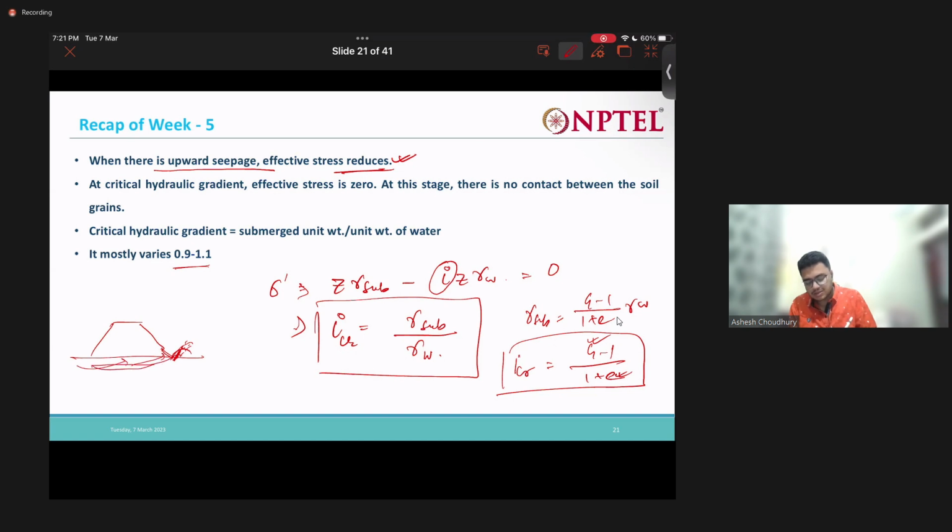It will form a path, and the water will just keep on flowing through the soil. So it will seem as if the soil is boiling. That's why it's known as the boiling condition. We need to always make sure that at the exit, mainly at the tailing end, our critical hydraulic gradient is not exceeded.